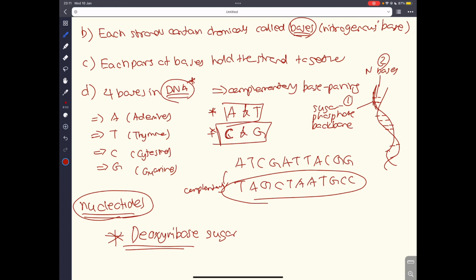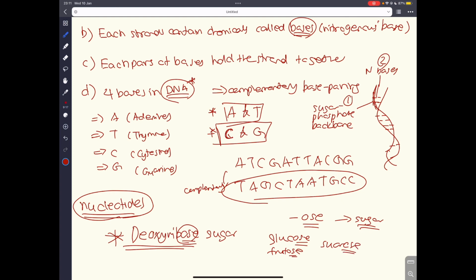If you forget that deoxyribose is a sugar, I would suggest you look at the last 3 letters. Now it ends with OSE. OSE basically means sugar, right? So if the word ends with OSE, then it is a sugar. Glucose, there's an OSE. Fructose, there's an OSE. Sucrose, there's an OSE.